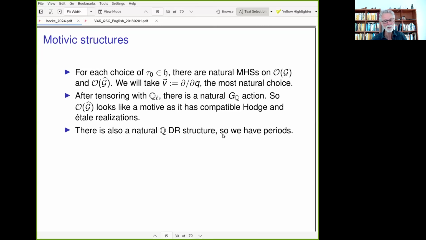And there's also a natural Q de Rham structure. In fact, all these iterated Shimura integrals I wrote down, if you make the right choices for the modular form and the right scaling, for example normalized Hecke eigenforms, then you basically get a Q de Rham structure from them and their non-holomorphic analogs.